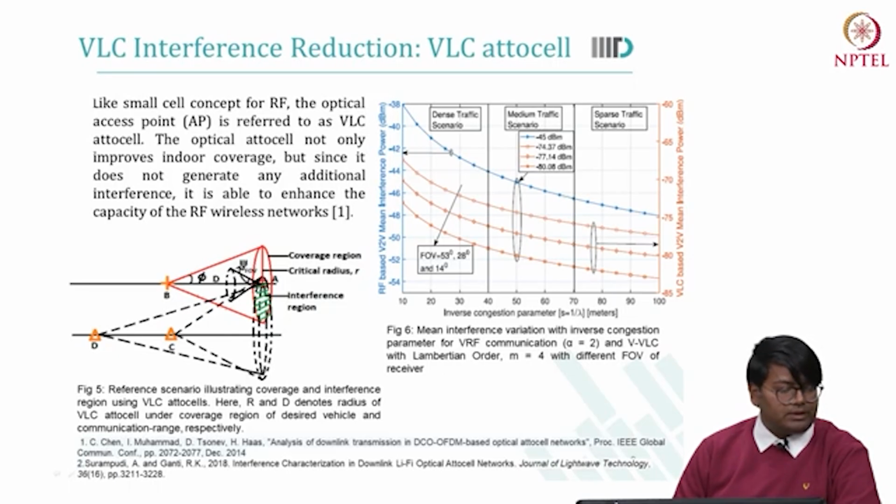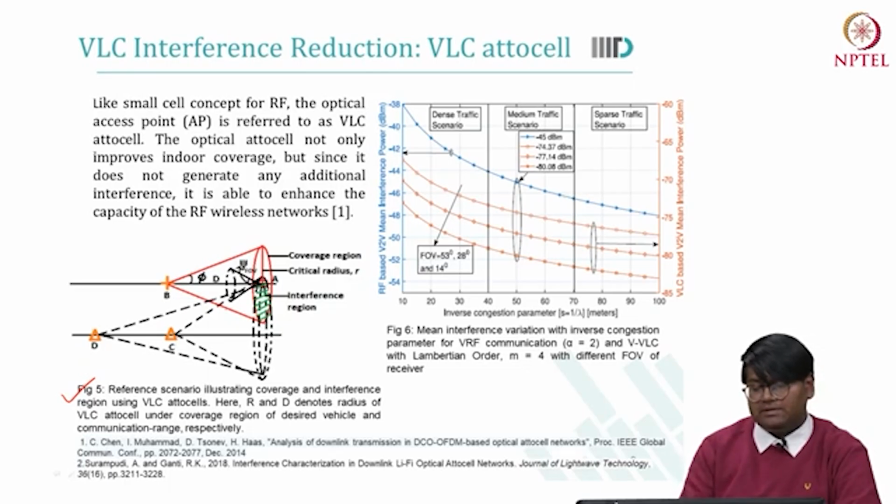We can easily see that from this figure 5, which shows the impact of reducing the FOV of the receiver on the average optical power experienced at the typical receiver.